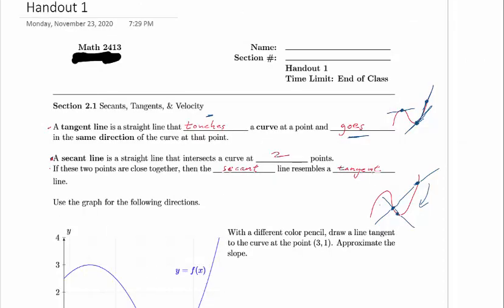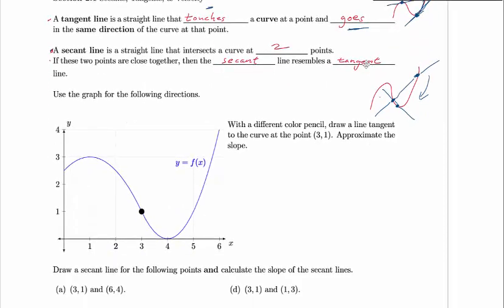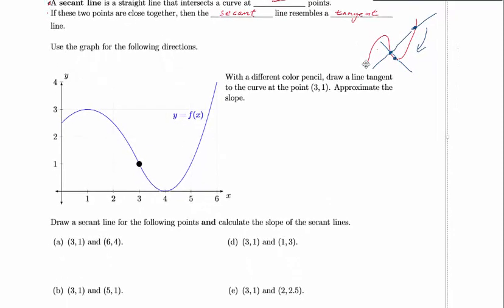Okay, so now back to the handout, we're going to come down here. We're going to take another look at the handout. We've got another graph, a little bit different than before, but very similar. This time we're going to actually write some of it down ourselves.